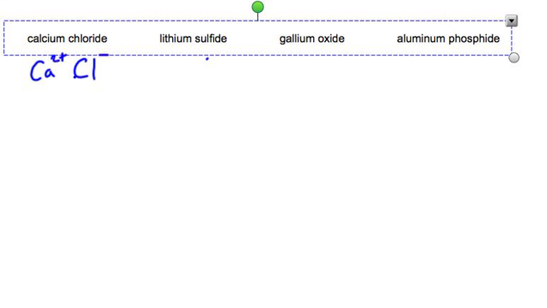Going along here, lithium has a charge of +1, sulfur has a charge of -2. Gallium has a charge of +3, oxygen has a charge of -2, aluminum has a charge of +3, phosphide refers to phosphorus, has a charge of -3. Again, if you can't do that, go back, watch that, figure out how to do that.